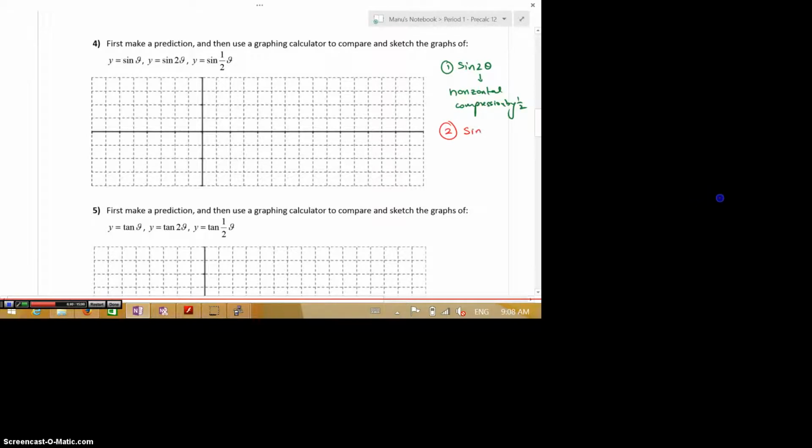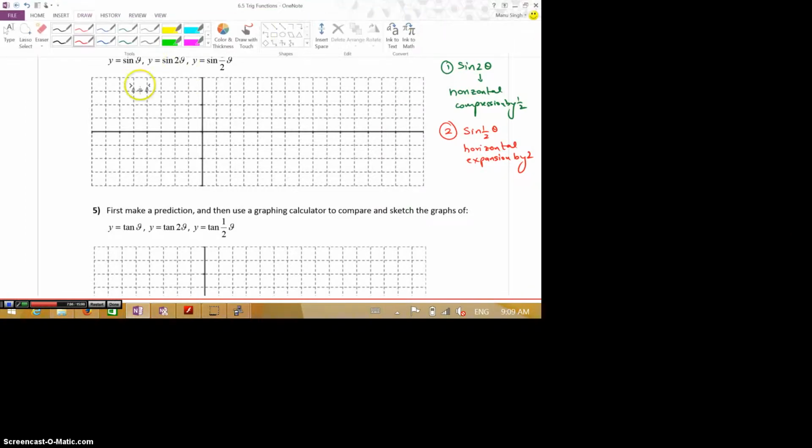Sine of 1/2 theta. What do you expect there? Horizontal expansion by 2. Right, so let's see what actually happens and if our predictions are correct.